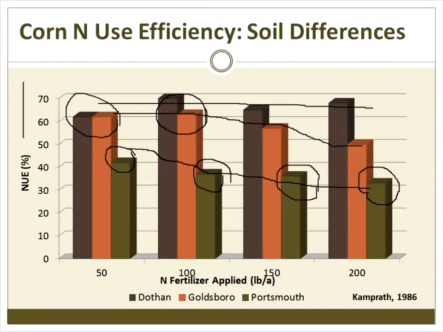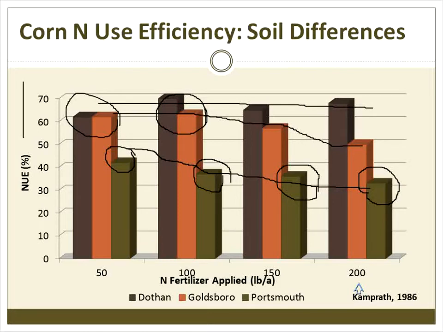And yet I told you that the Goldsboro and Dothan were very similar soils. The difference is the Dothan was irrigated. It never was water stressed. And so because it wasn't water stressed, it could use these high amounts of nitrogen. It could use the 200 pounds of nitrogen, whereas the Goldsboro couldn't use all the nitrogen that was available to it, and the nitrogen use efficiency declined.